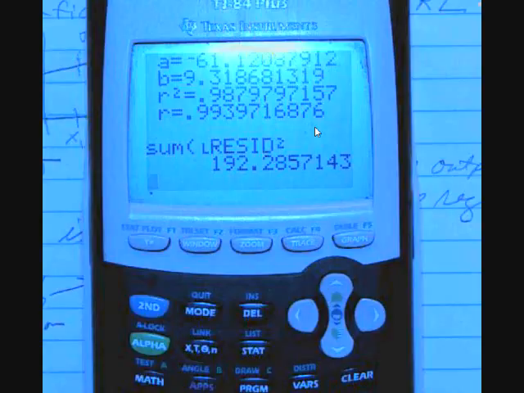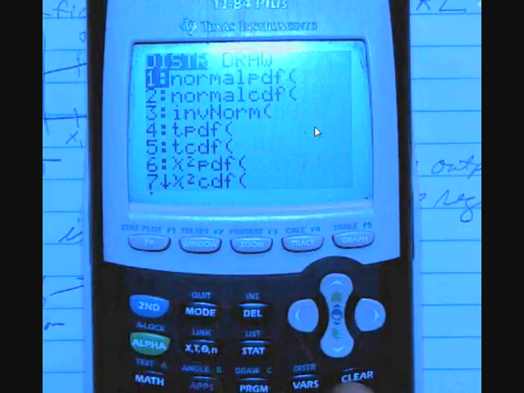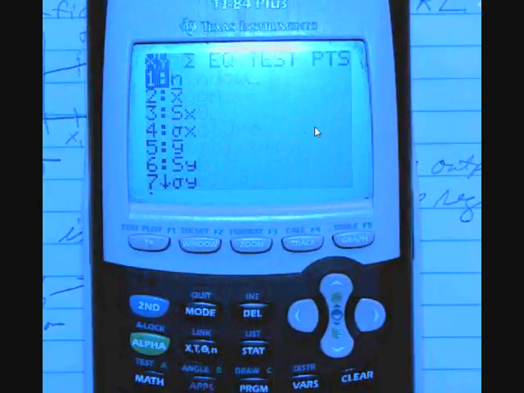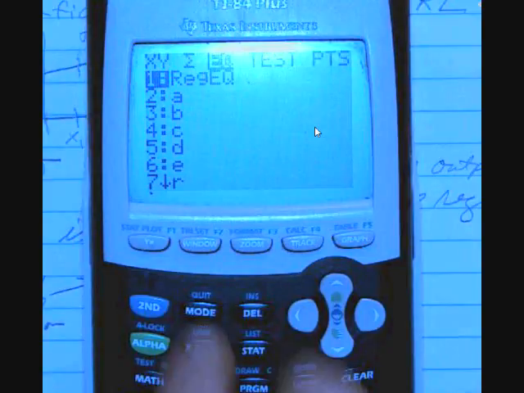It's already saved in the calculator as the A and the B, and it's saved as a regression equation somewhere else also. If I look at vars, statistics, I go over to equation. The regression equation is saved there, if you ever need it again.